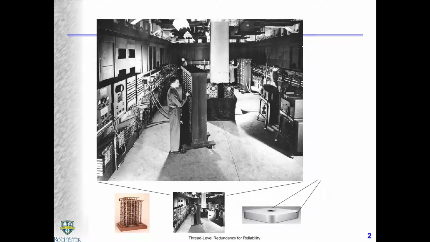The former, the ENIAC, weighs 30 tons, burns 160 kilowatts or thereabout, and it can perform a whopping 300 multiplications per second, not 300 million, billion, or even 300,000. 300 per second, so slightly faster than you and I. Well, not slightly faster, quite a bit faster, I should say.